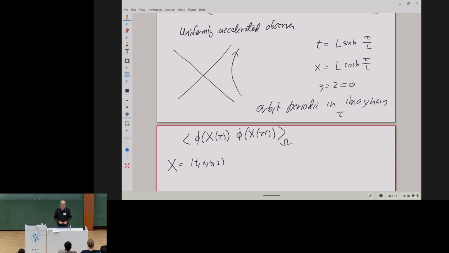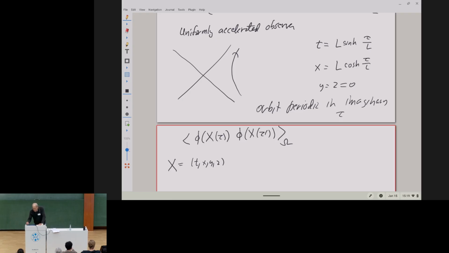Well, those observations are going to be periodic in imaginary time because the orbit itself is periodic in imaginary time. I'm cheating slightly. The rigorous statement is that this two-point function will satisfy the KMS condition. It's actually explained that way in the same lecture notes where I explained Tomita-Takesaki theory.